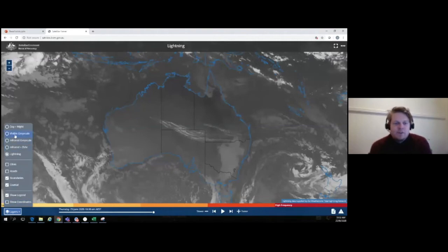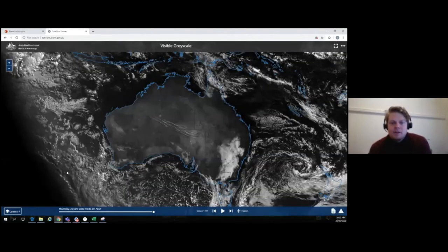You can put lightning overlays on, you can play loops so you can see the movement of clouds in your area. You can zoom in onto a particular location as well. So yeah, lots of things you can do with that sat viewer.